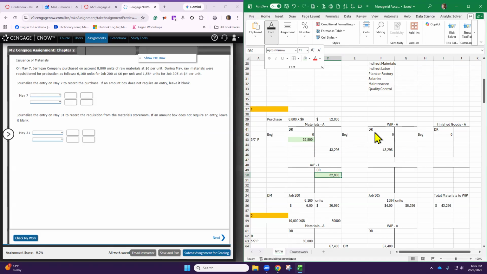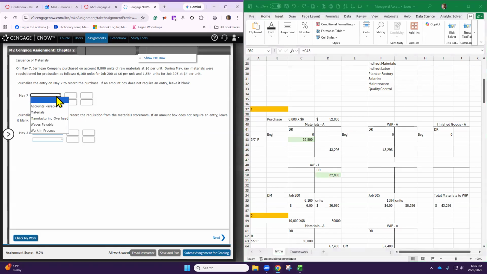Anyway, let's just keep going. All right, so on May 7th, we're going to debit materials for the amount of 52,800. Okay, and we bought it on account, so we've got to put that in.